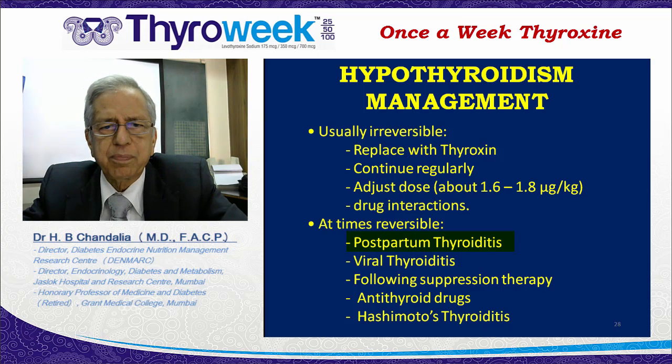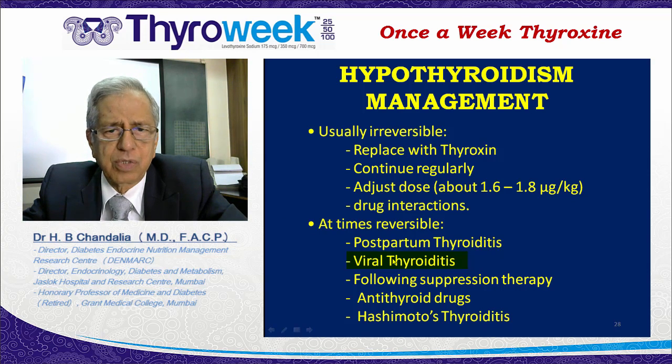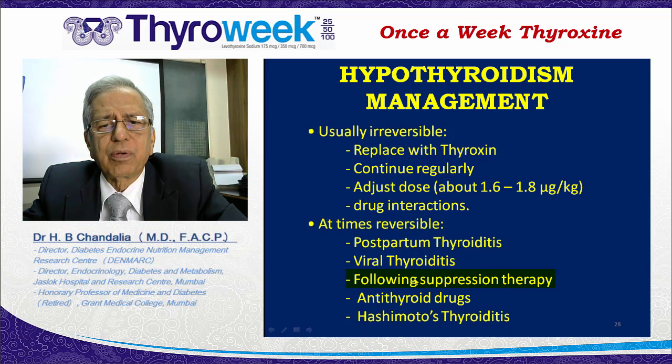For example, postpartum hypothyroidism can be a reversible process. As a matter of fact, over a year or two of follow-up, many of these individuals can become euthyroid. Viral thyroiditis sometimes produces symptoms of hyper and then transient hypothyroidism, and is usually reversible. When you suppress the thyroid gland because of an adenoma, and then discontinue the suppression therapy, again reversibility is there.